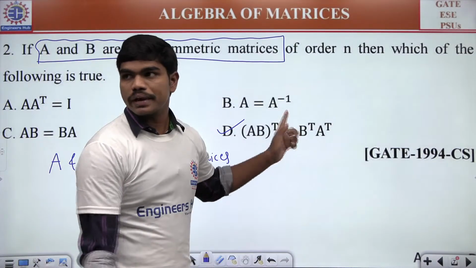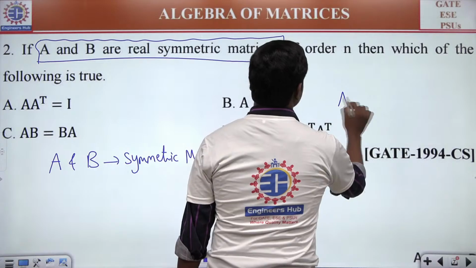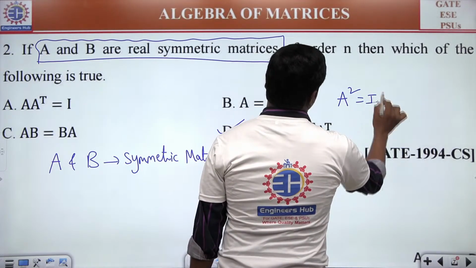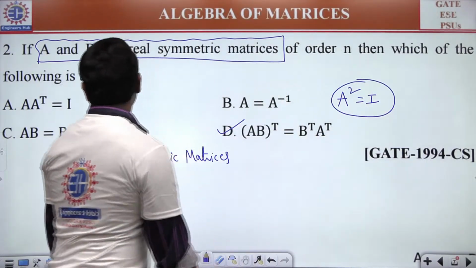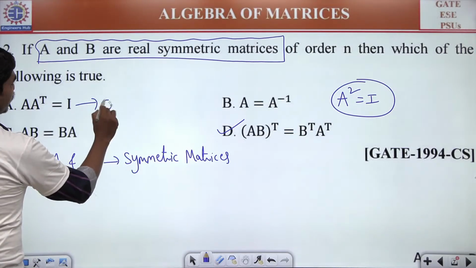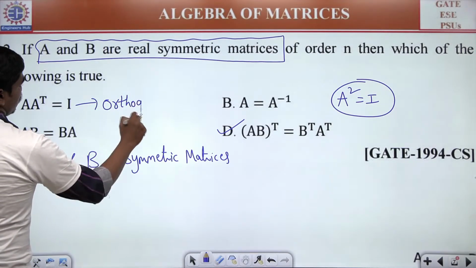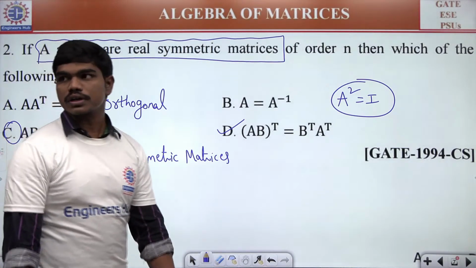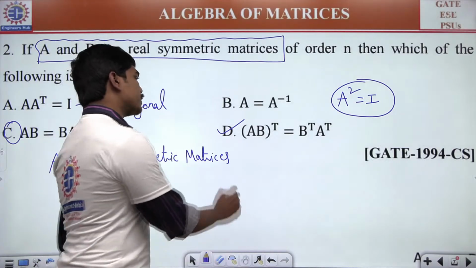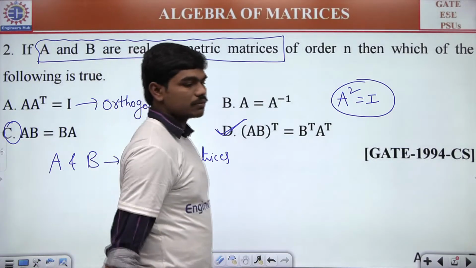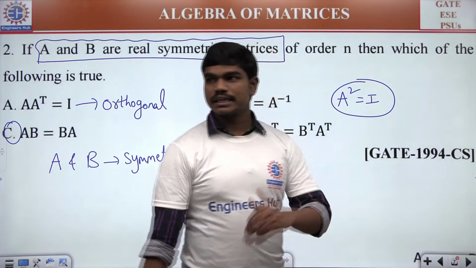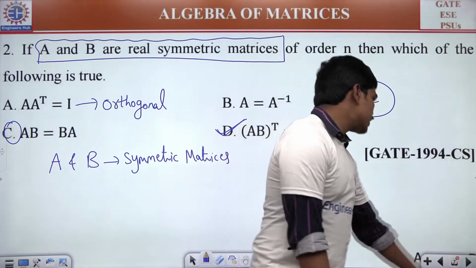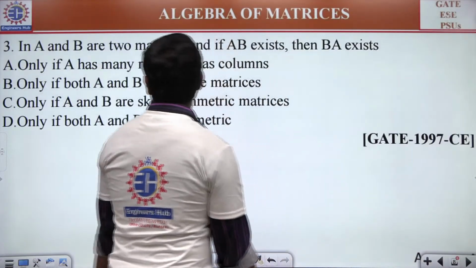If A is equal to A inverse, then you can clearly see A square is equal to I. Of course, A into A transpose is equal to I. This stands for orthogonal, and we are not sure about this always, correct? Matrix multiplication may not commute, so definitely one thing that always happens is AB whole transpose is nothing but B transpose into A transpose. We have seen this in properties of transpose of a matrix. Next, so please try to solve this.